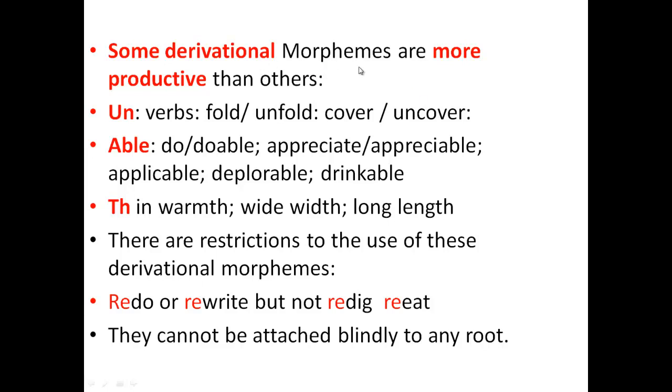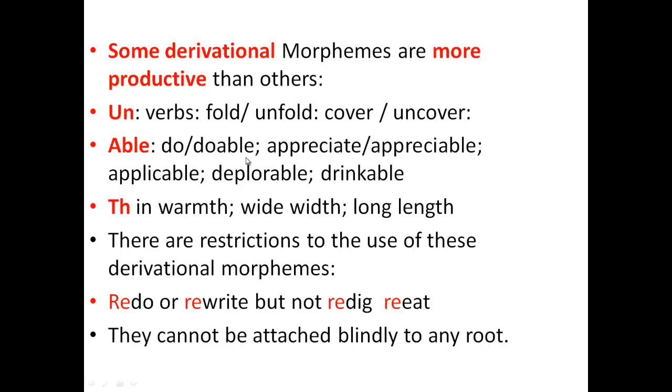Now, some derivational morphemes are more productive than others. Okay, we have got un. Here it can be attached to verbs to obtain the opposite of those verbs. For example, fold, unfold, cover, uncover, and we have got other things. Able can be attached to verbs.